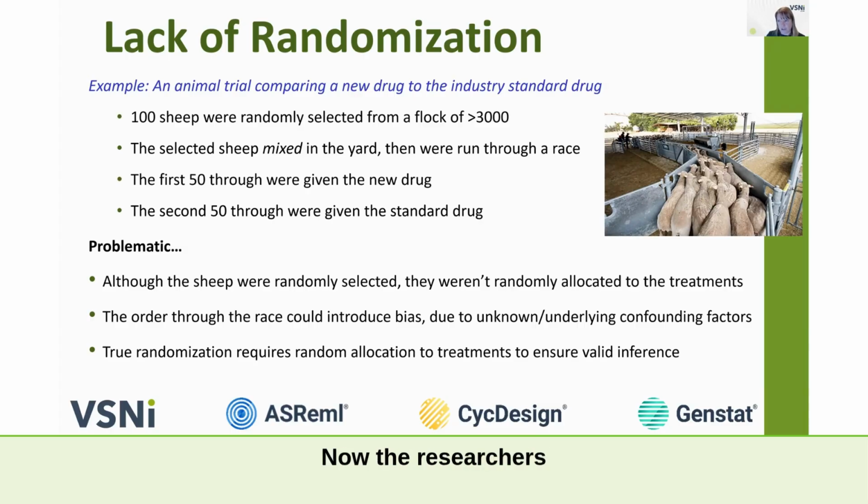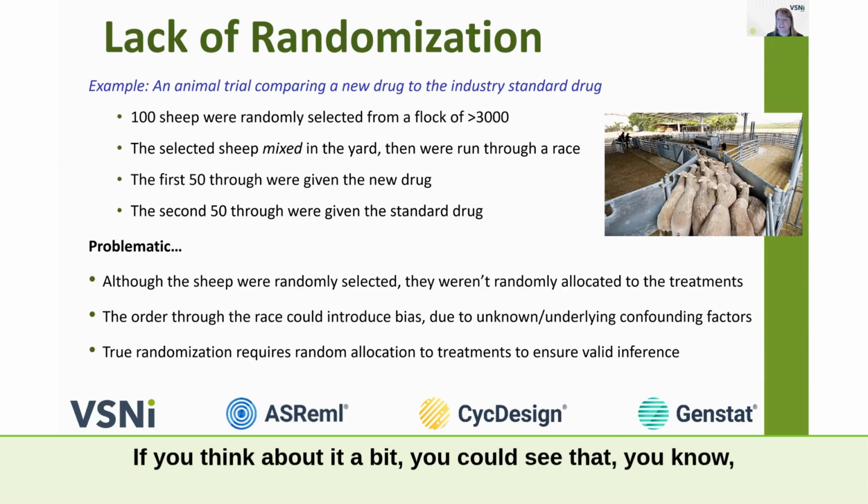Now, the researchers believed this was randomization, but unfortunately it's not. While the sheep themselves were randomly selected, they weren't randomly allocated to the treatment groups. Very importantly, the order in which those sheep ran through the race could easily introduce some bias due to some hidden confounding factor.